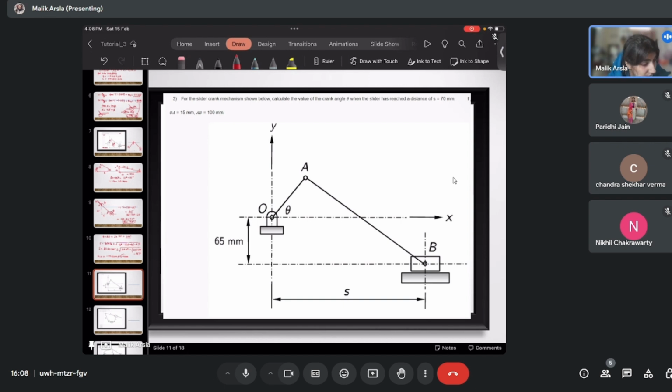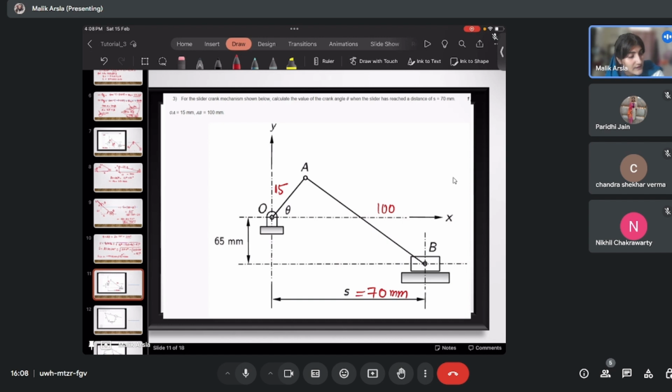This s is given as 70 mm. OA is given as 15, and AB is given as 100.